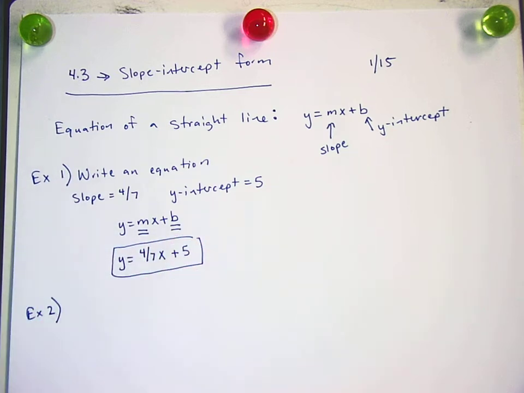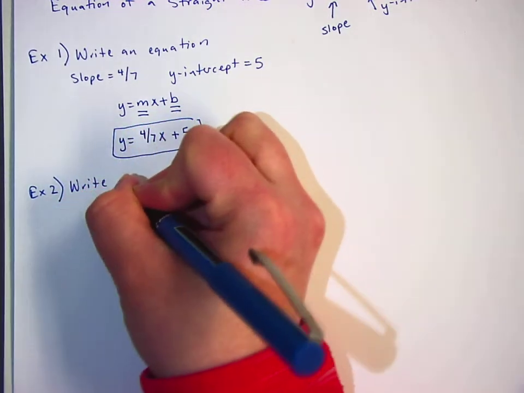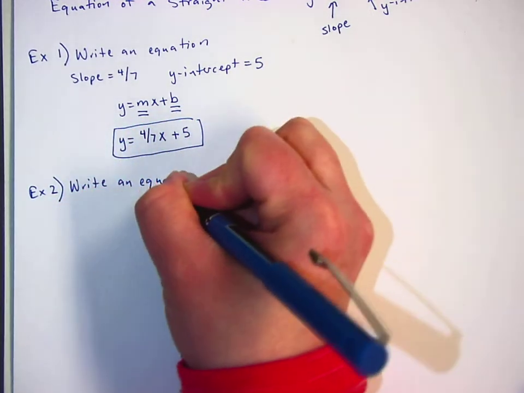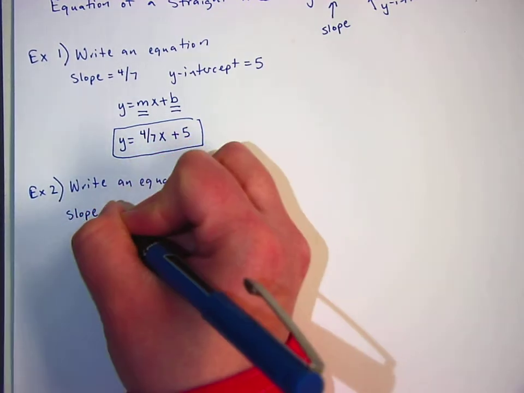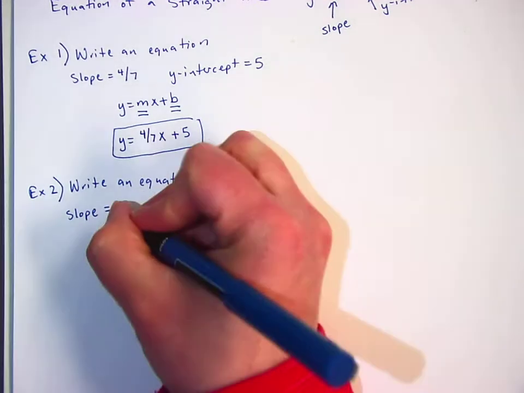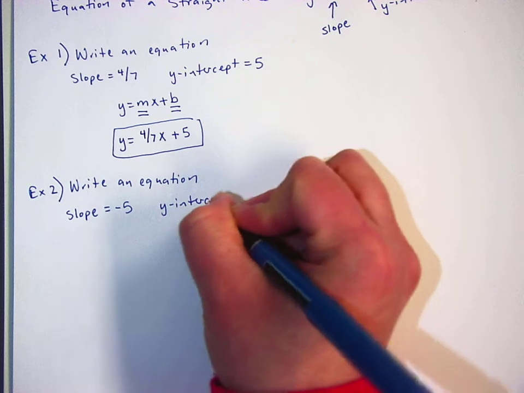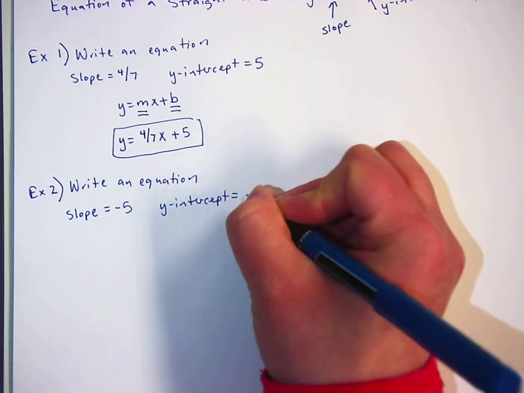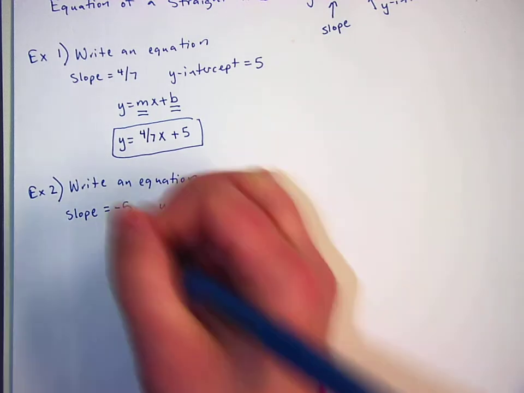All right, example 2. Same deal, only this time you're going to do it. So I want you to write an equation where the slope is equal to -5 and the y-intercept is equal to 12. So go ahead and pause the video.